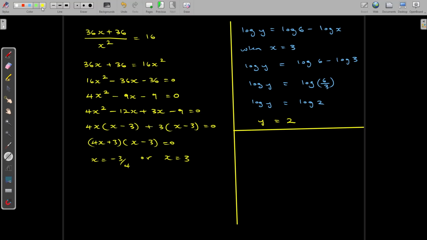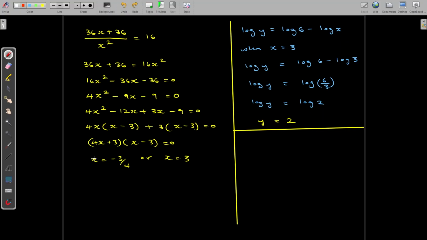Now let's see if the other solution will hold. So first things first, we can't take the log of a negative, so this wouldn't be a valid solution, because if we were to put negative 3 over 4 here, that would give us math error or undefined solution.